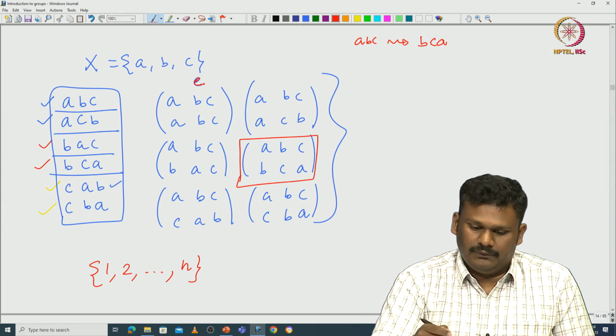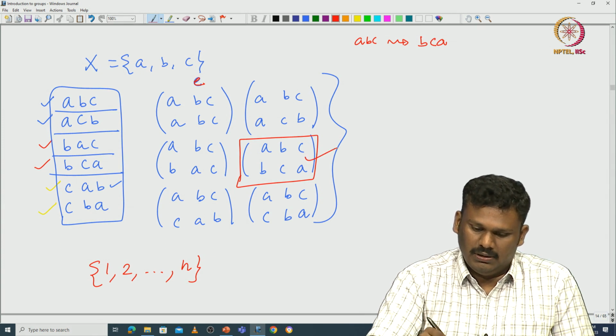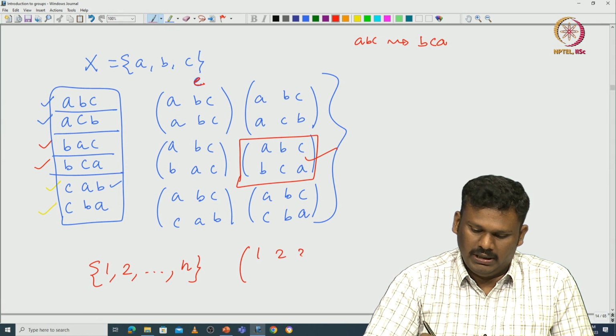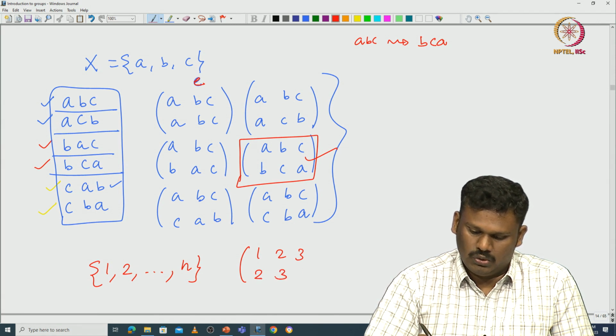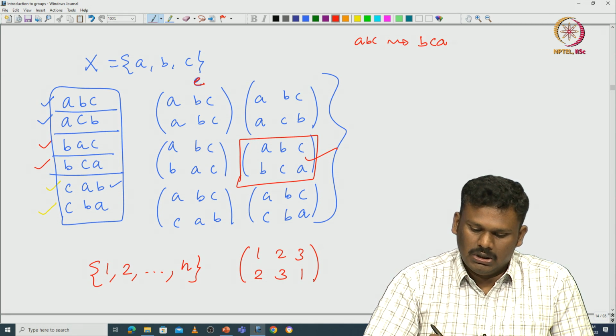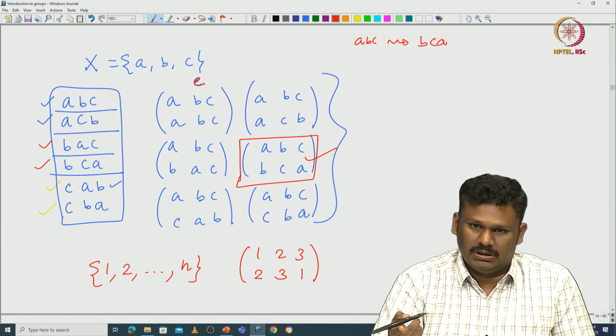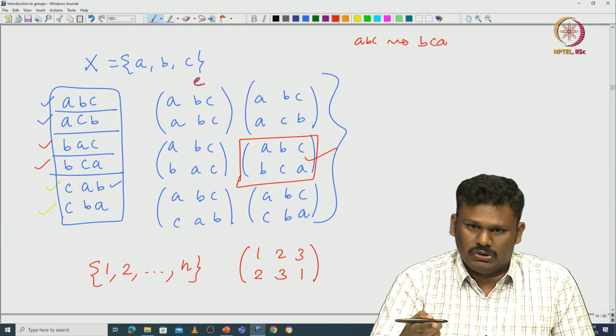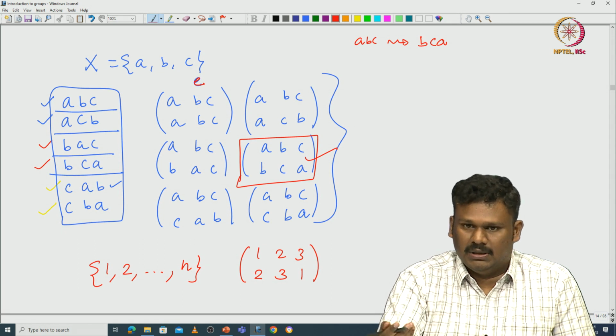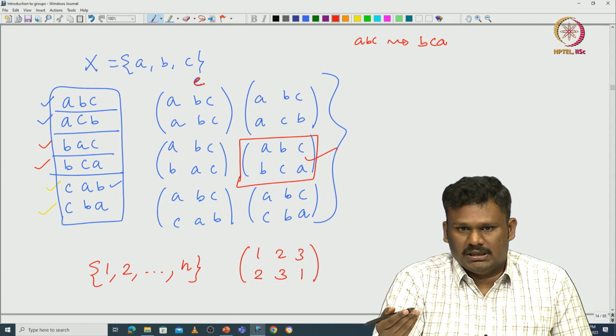So, this ABC for example corresponds to 1, 2, 3. Basically the first position is changed to the second, the second to the third, and the third to 1. What matters is the positions; the permutation can be understood by changing them. That is why taking ABC or some other elements X, Y, Z does not matter.